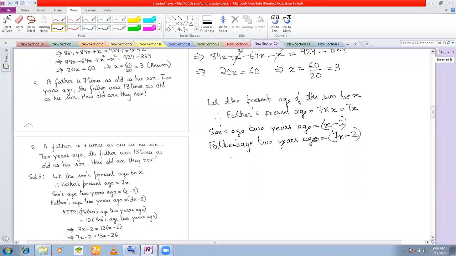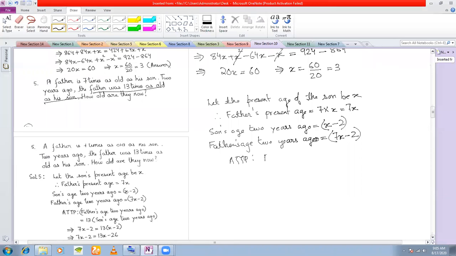And what is given? 2 years ago, what was the relation between their ages? See here, the father was 13 times as old as his son. That means whatever the son's age was 2 years ago, you multiply it with 13, you will get the father's age.